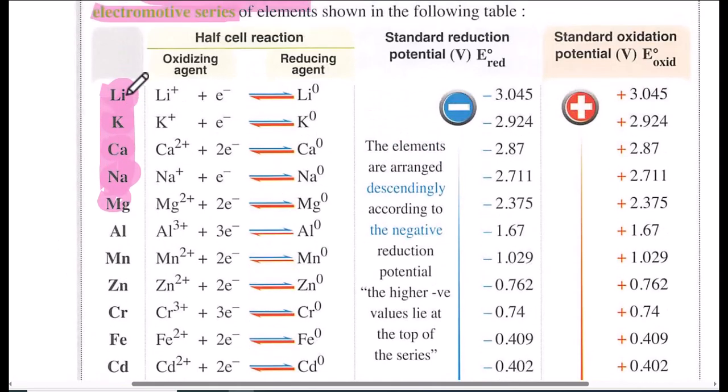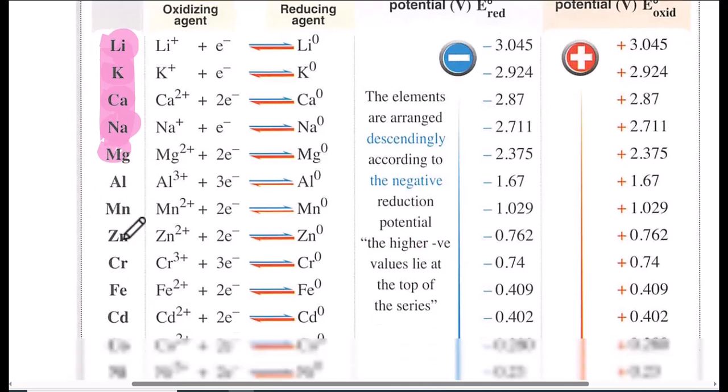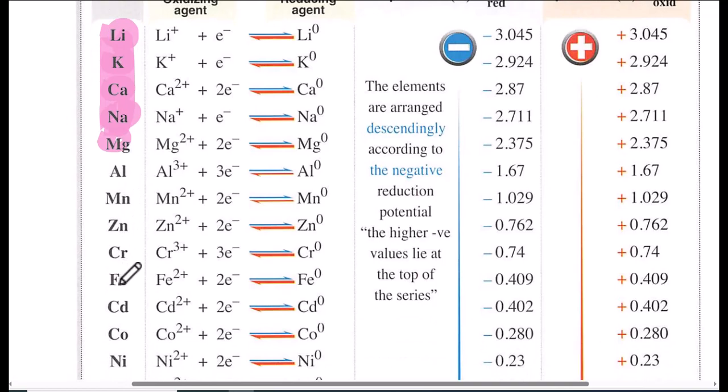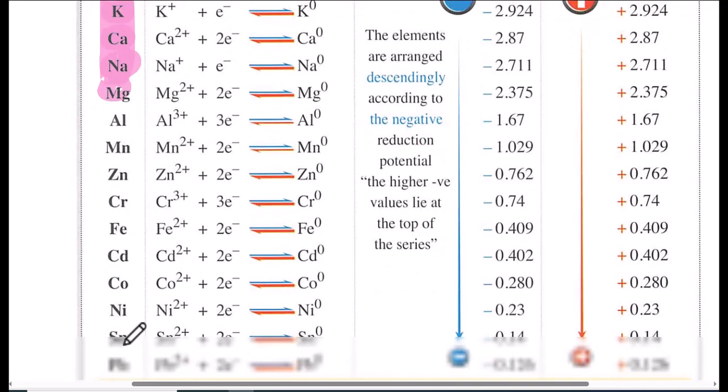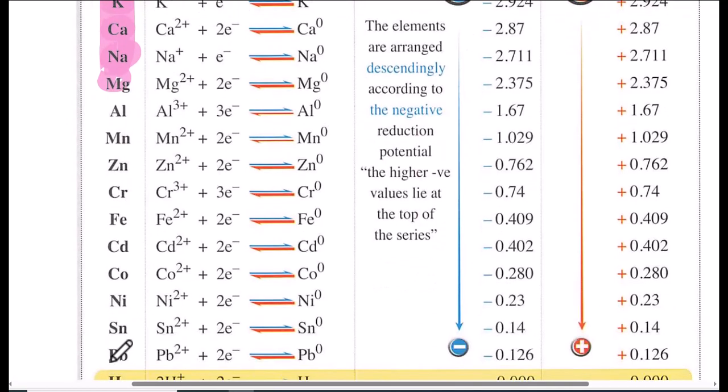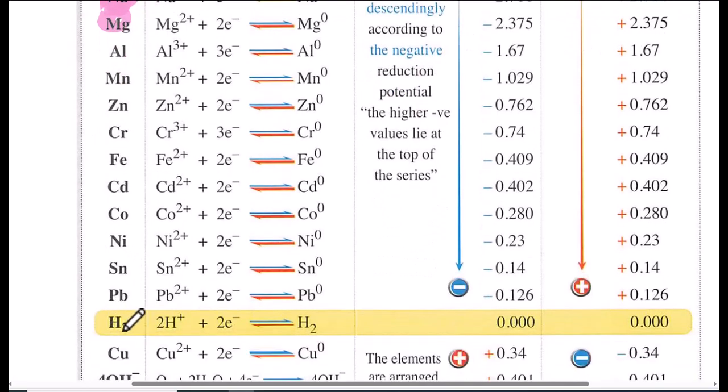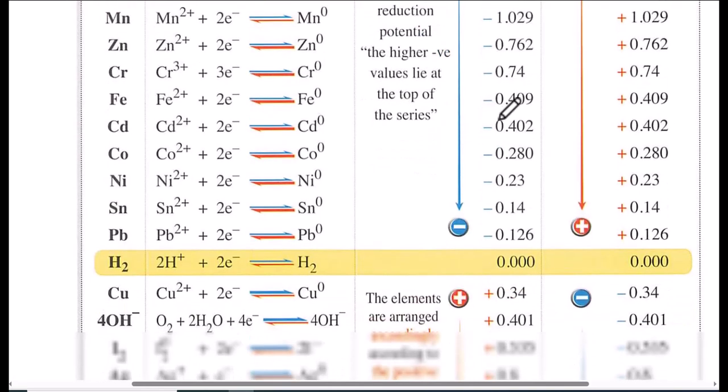Lithium, potassium, calcium, sodium, magnesium, and also aluminum have higher positions in the electromotive series. Transition elements like manganese, zinc, chromium, iron, cadmium, cobalt, nickel, tin, and lead are still higher than hydrogen. Their oxidation potential is still positive, and the reduction potential is negative.